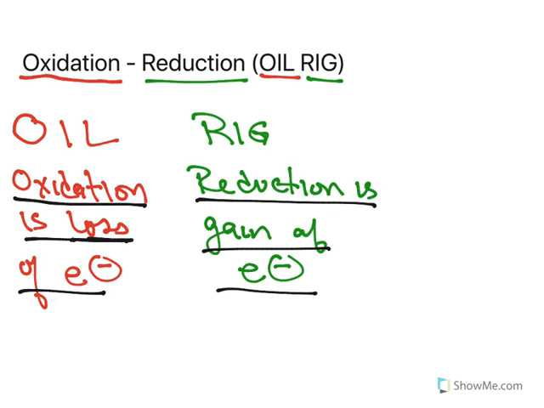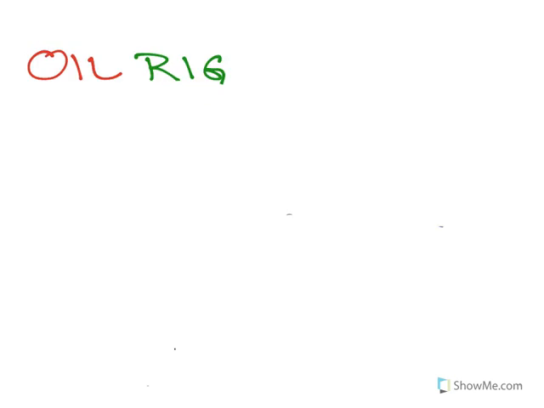Reduction is when a molecule gains an electron. You can see how the two go hand in hand, because if you have a loss of an electron, something has to then gain that electron. So let's go to this next page and continue talking about OIL RIG.